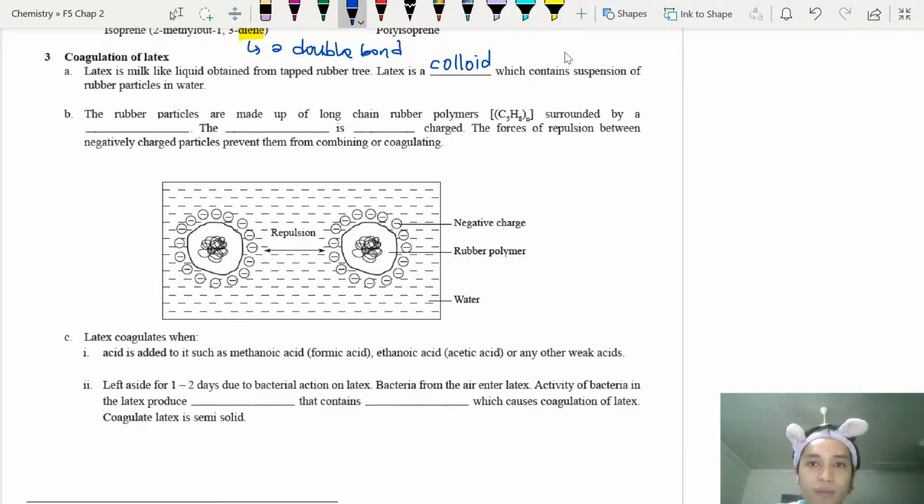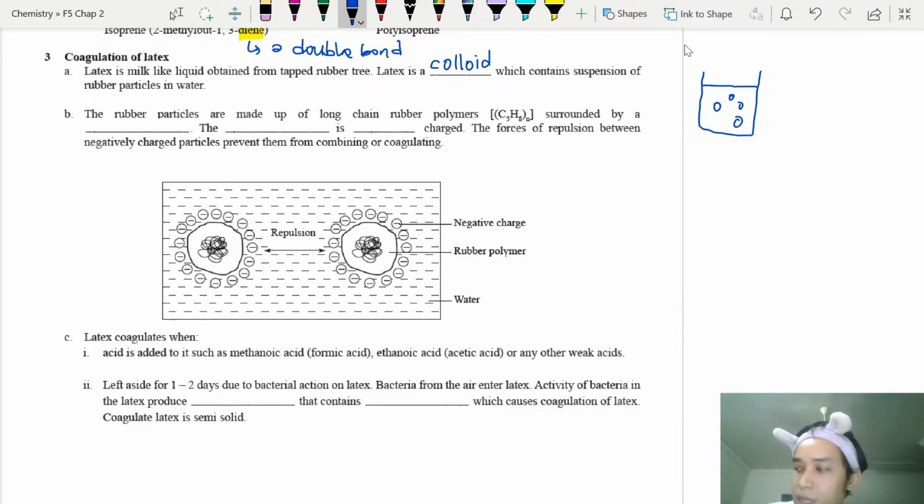The meaning of colloid is that in the solution or in the water you will have particles floating inside the water. This whole thing is called a colloid. Inside the colloid you have particles floating inside.